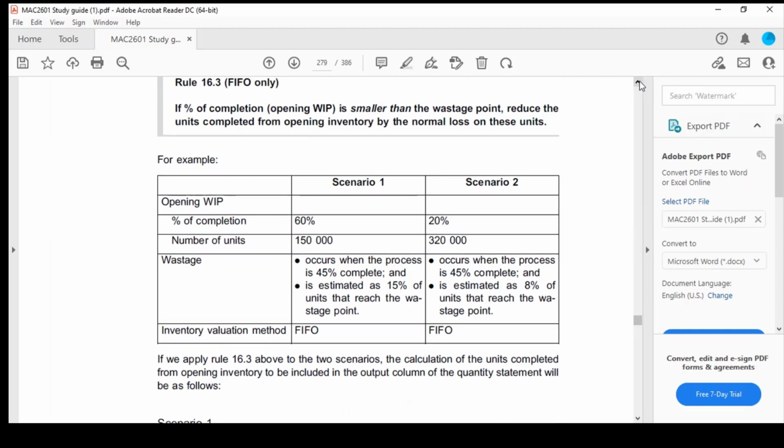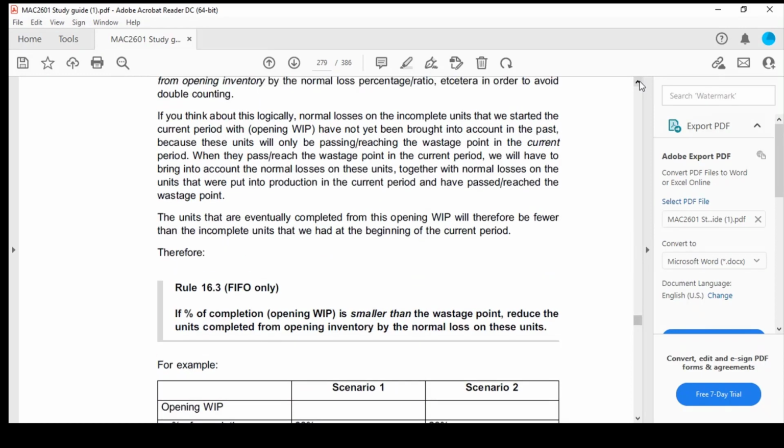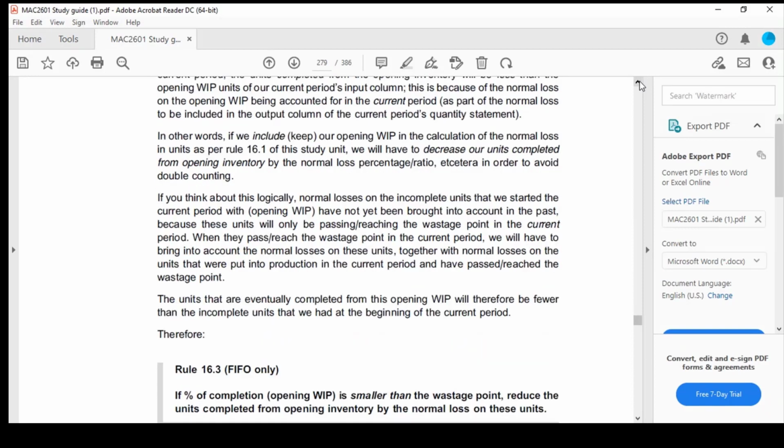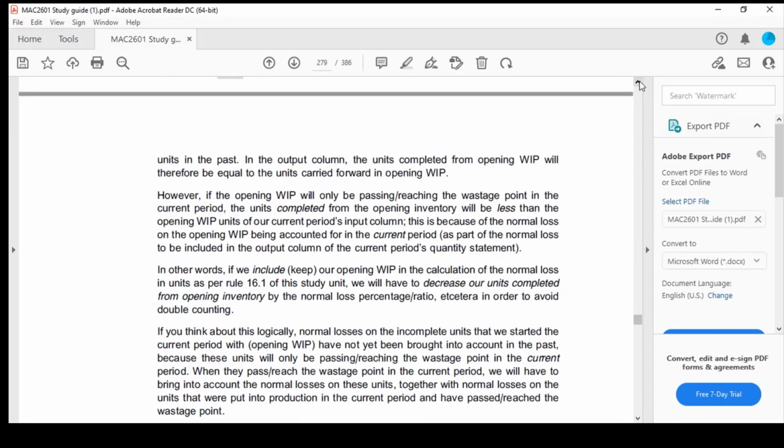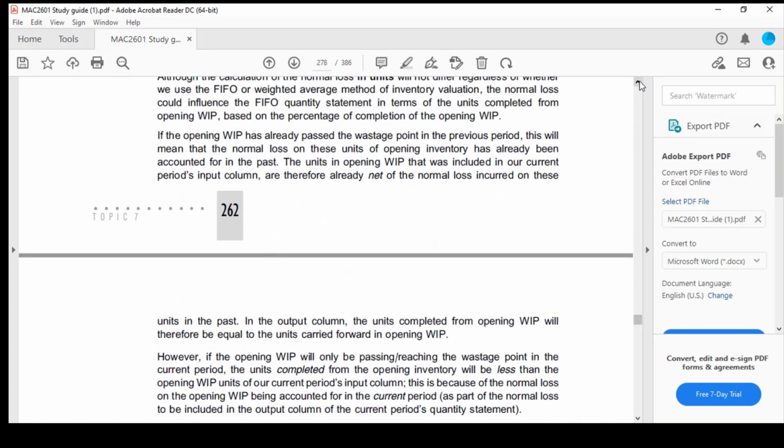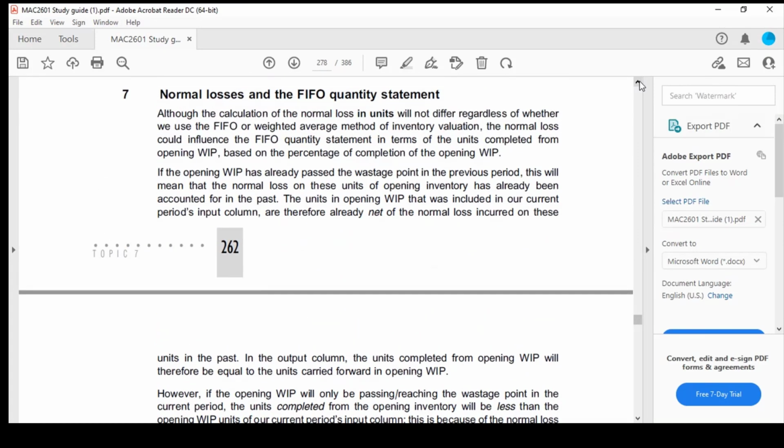Please follow me. Now we are doing first in, first out implications on normal loss. It was very important that we spent as much time as we did on understanding how to calculate normal loss, because we're building on it. Those are the basic principles of how to view and calculate your normal loss. Let's now see what happens when we value our inventory under first in, first out.